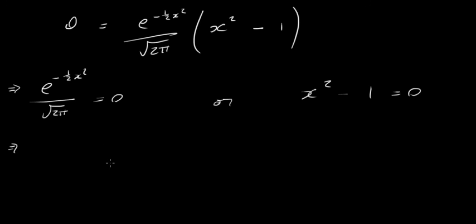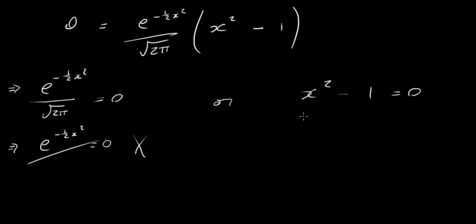For this fraction to be equal to 0, the numerator has to be equal to 0. In other words, e to the power of minus a half x squared must be equal to 0. But that's not possible. It's not possible to raise e to the power of anything to get a 0. So this can't be true. So we've got to concentrate on this part over here.